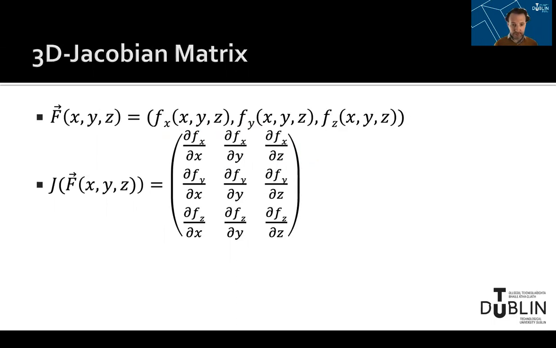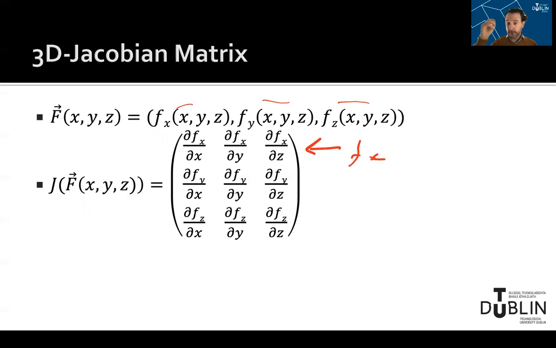In 3 dimensions, you have some vector field, which is a function of an x component, a y component, and a z component. And to get the Jacobian, you just take the top line, which is for all of fx, and differentiate that with respect to x, y, and then z. So you get three things.